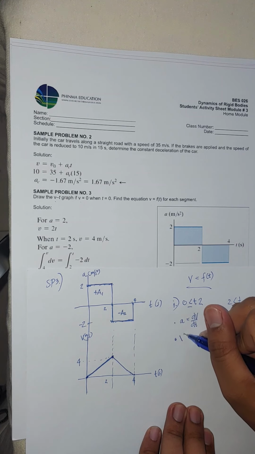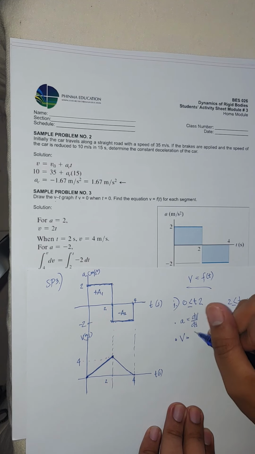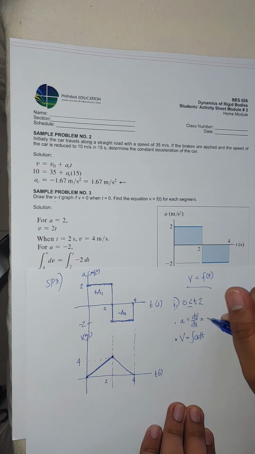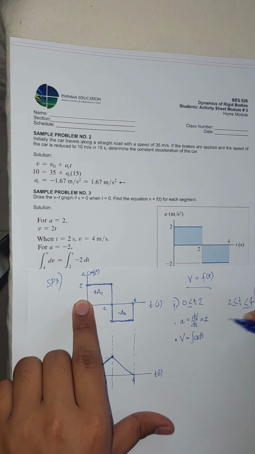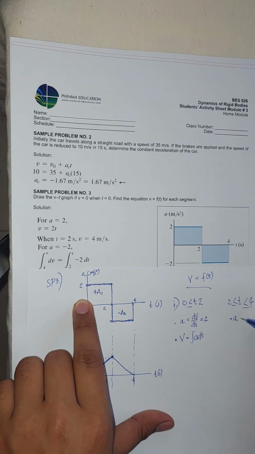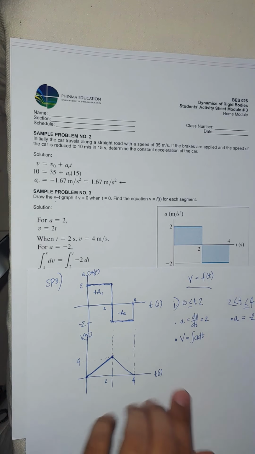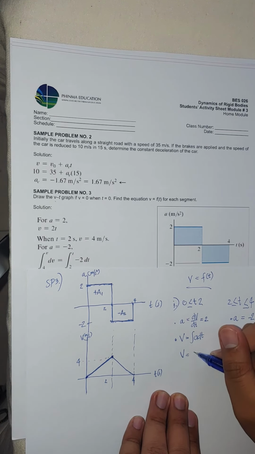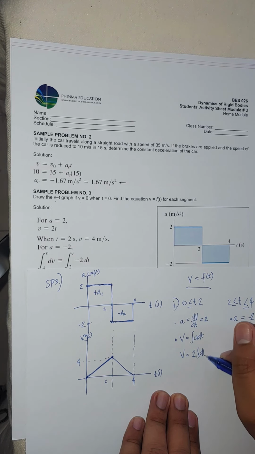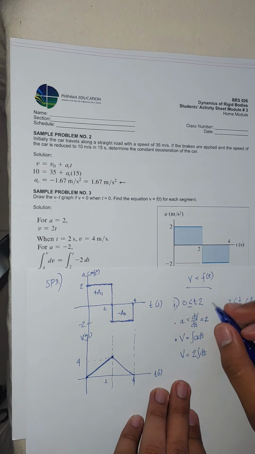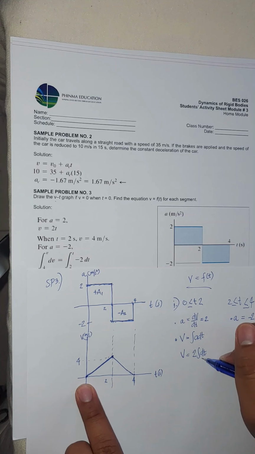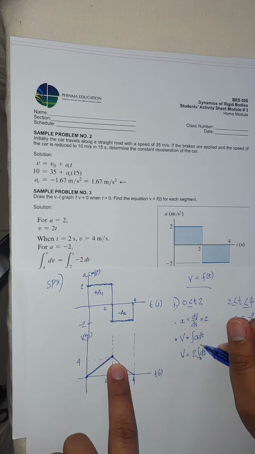So to get velocity, we just integrate the acceleration with respect to time. This a1 is 2 meters per second squared, and this a2 is negative 2 meters per second squared. Substituting the values, we have 2 integrated with respect to time, from time equals 0 to, let's say, t.